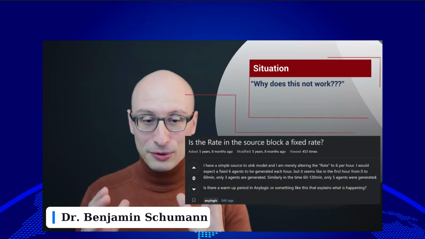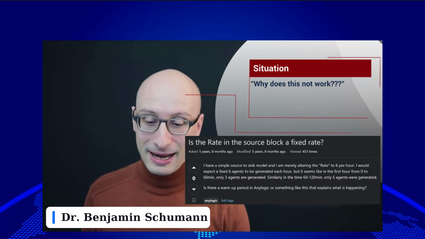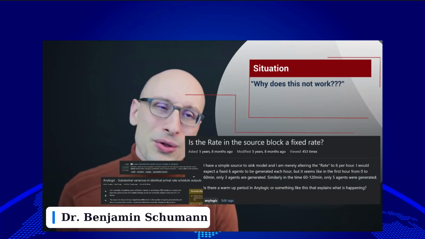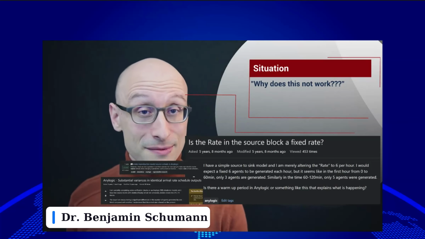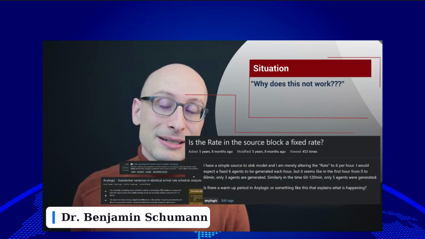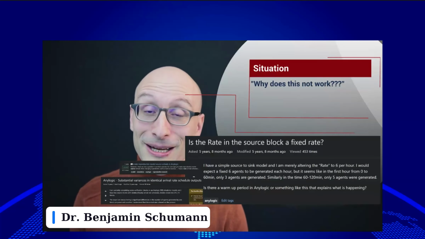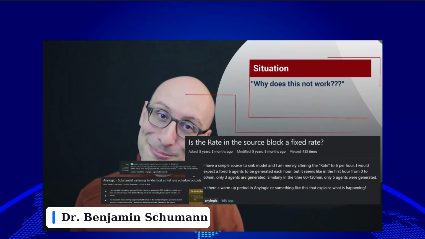They have a source block, they set it to await to create agents once per second, and they wonder why it's not once per second. So surely that's a bug, right? Surely that's not your fault, you think, as a beginner, and surely it will be your fault. AnyLogic is incredibly bug-free in my experience, and the more of a beginner you are, the higher the chances it's on you.